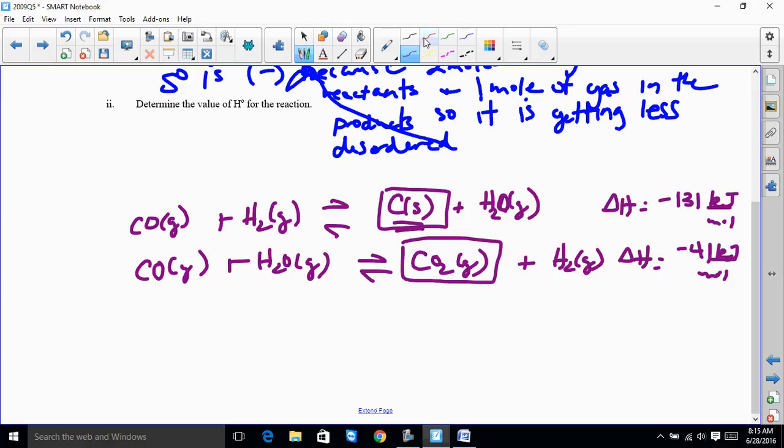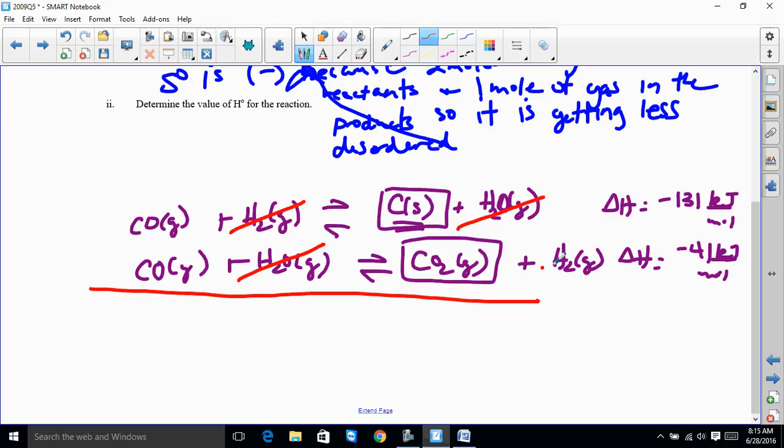And something beautiful happens when I add these together, because this cancels with this, and this cancels with this. And 1 CO and 1 CO gives you 2 CO. And so what we have is 2 CO, carbon monoxide gas, and that's what we wanted.